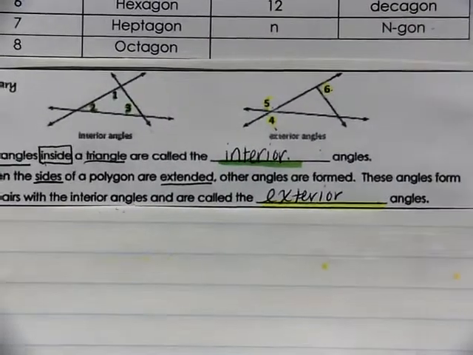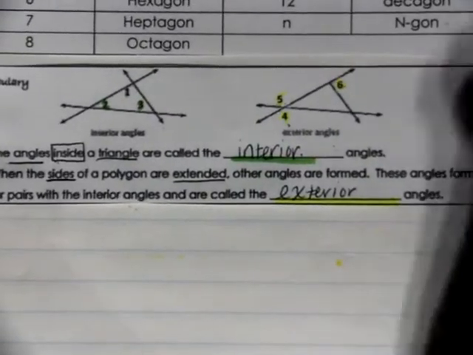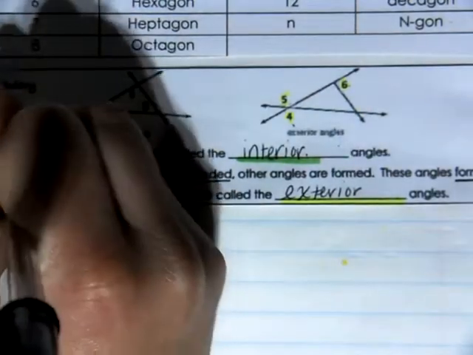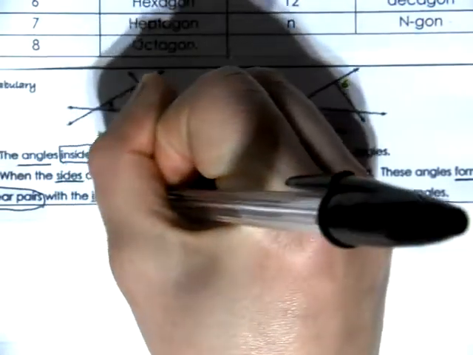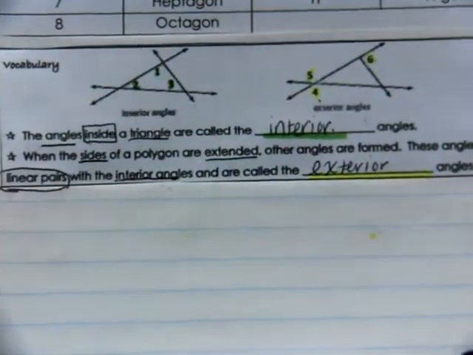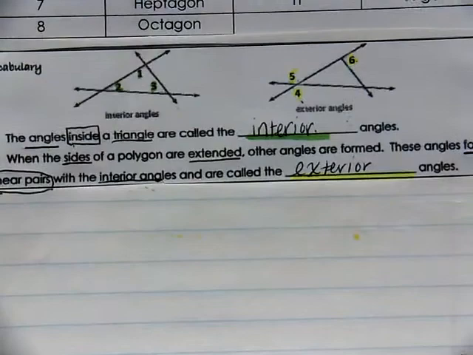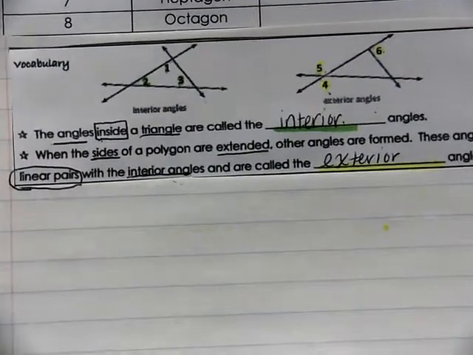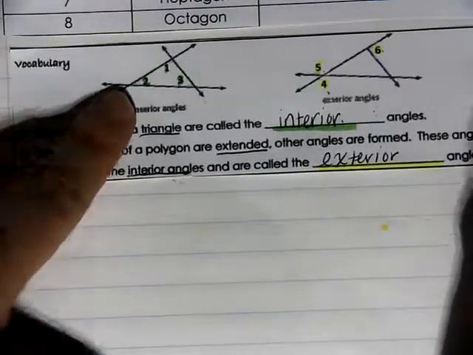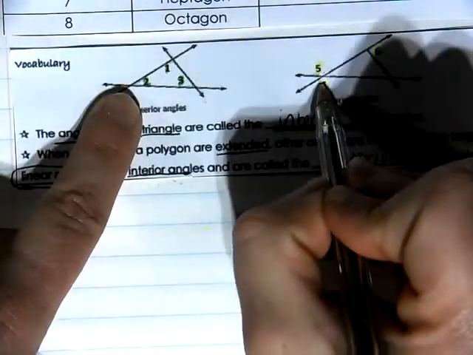The thing that I want you guys to recognize about interior and exterior angles is that these angles form linear pairs with the interior angles. So whenever you see interior and exterior angles, know that they form linear pairs. Like this angle right here matches up with angle 5.